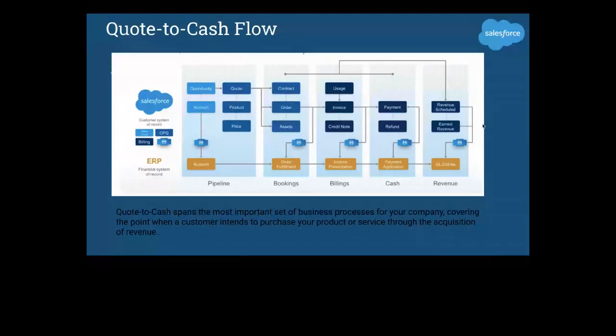Looking at this beautiful diagram, I can see it starts with pipeline. As I have told you guys earlier, account, opportunity, and contact all play a role in pipeline generation, right? So what happens when an opportunity gets created?